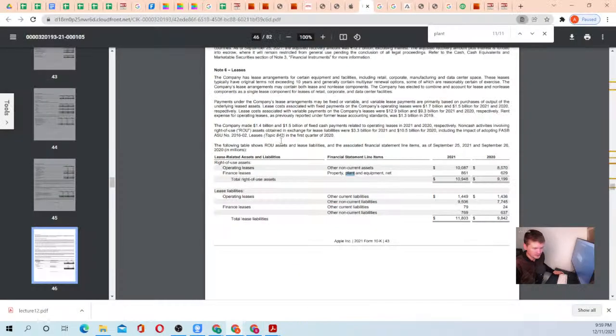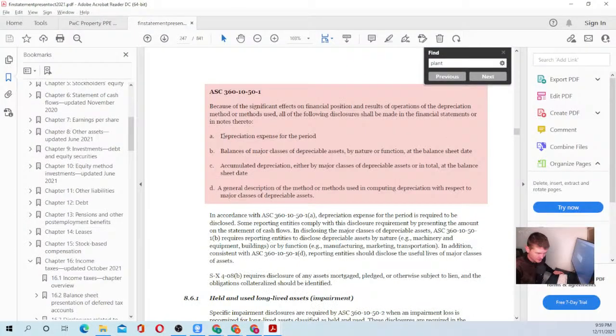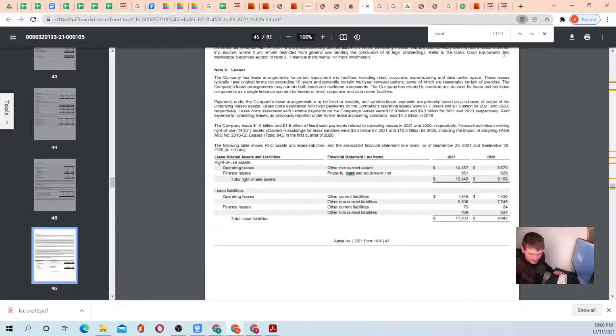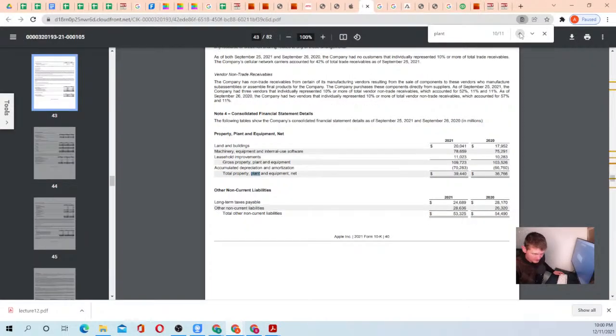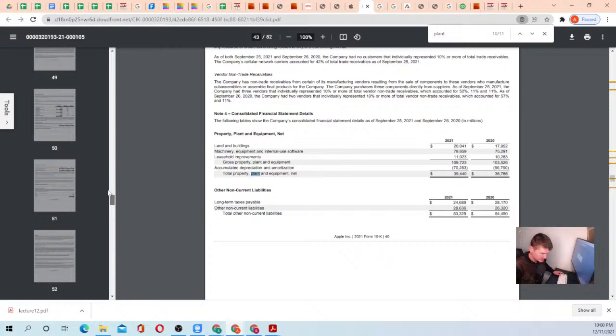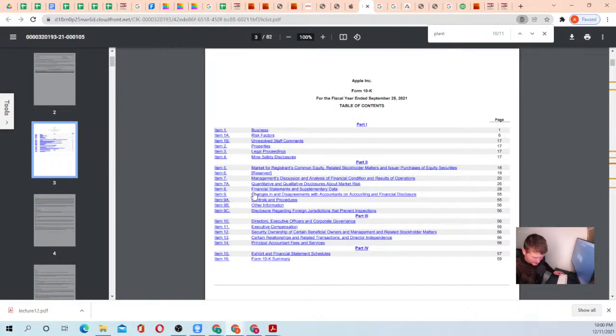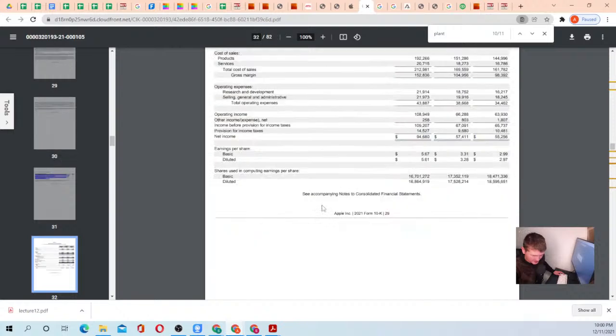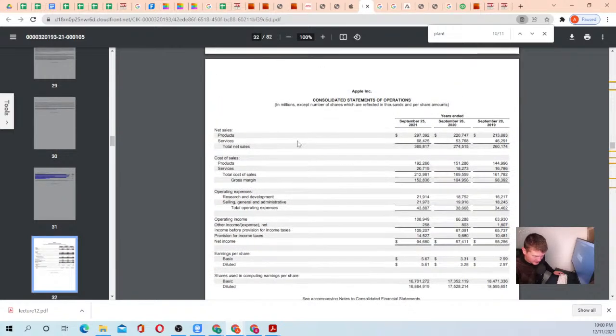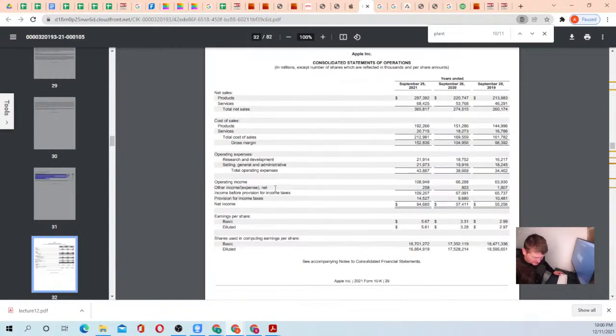And if we take a look at Apple, so first one, depreciation expense for the period. Let's see, do we list it here? It's not here, but let's go to page 49, to our financial statements. Do we have depreciation in the income statement separately?